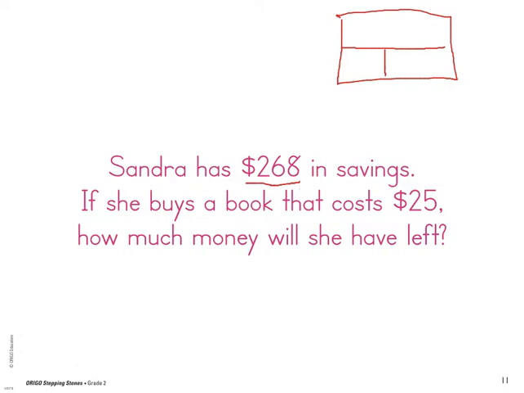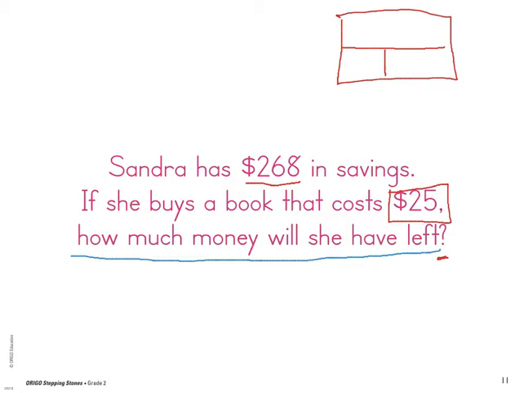And we know that she's buying a book that costs $25. What is our problem? What are we looking for? Well, I see a question mark. What's the question? It's asking us, how much money will she have left?